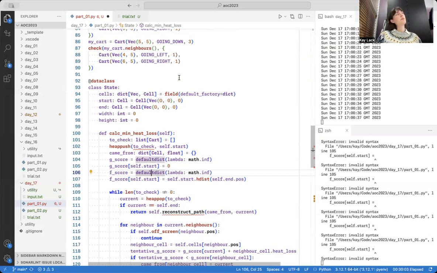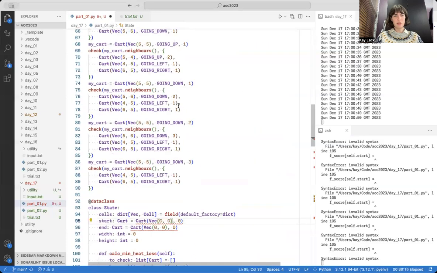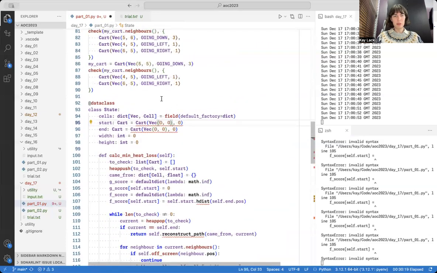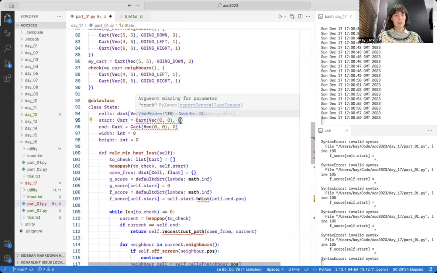Yeah, the cart is what we're really tracking, annoyingly. Is cart frozen? Yes, it is. Okay, something good in there anyway. The cart has a position, a direction, let's call it going right, doesn't really matter, a zero.